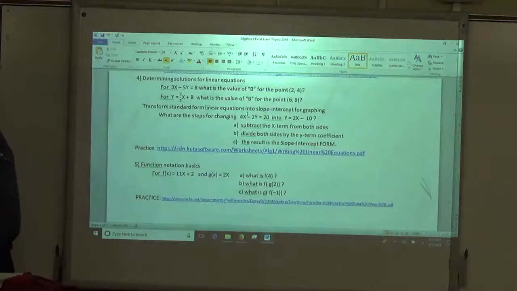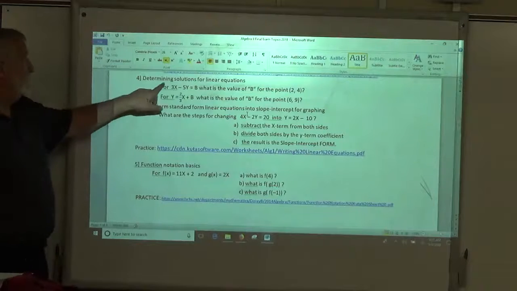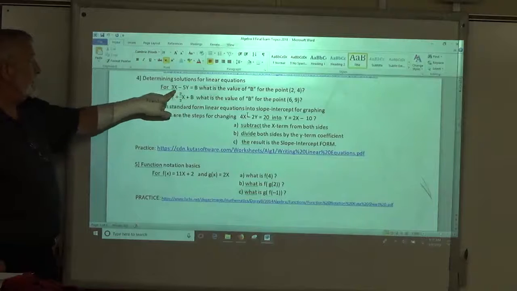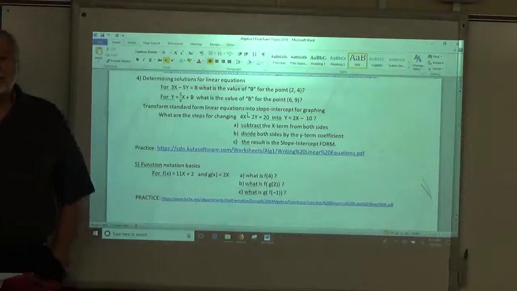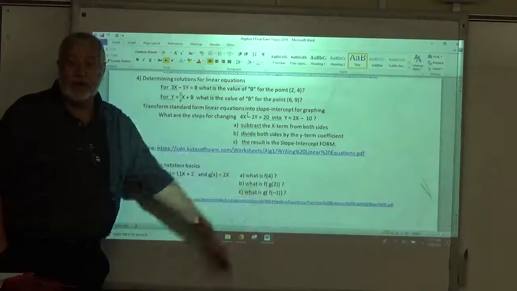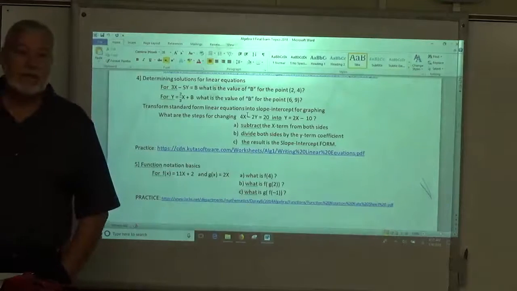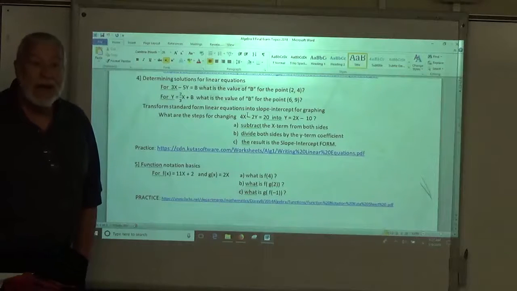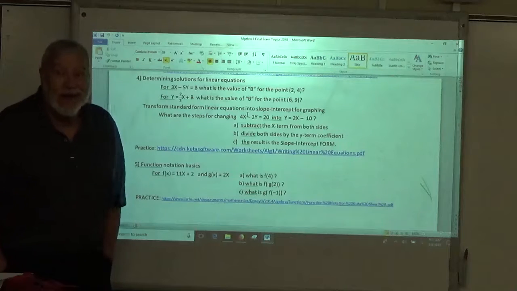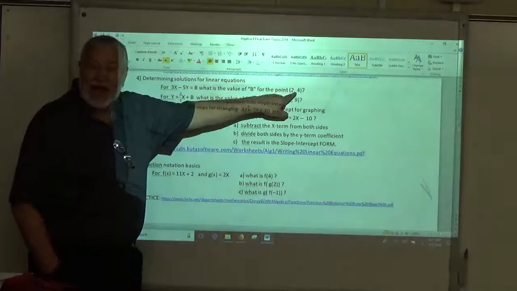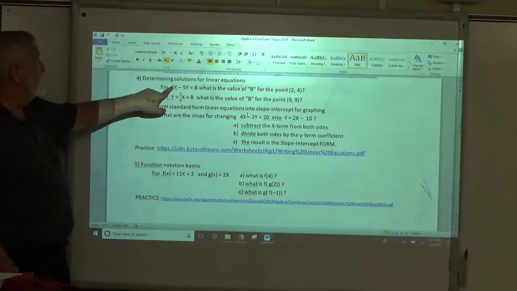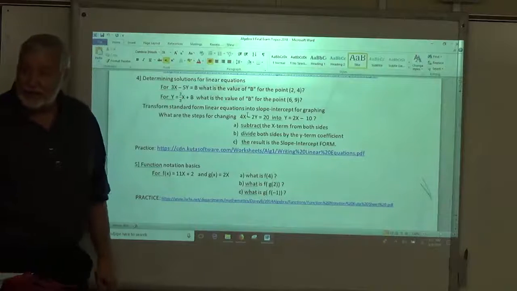All right. Okay, determining solutions for linear equations. All right, if you have this, how do you find b if that point is part of the equation? The skill is you replace the x and the y in this, so you end up with 6 minus 20.